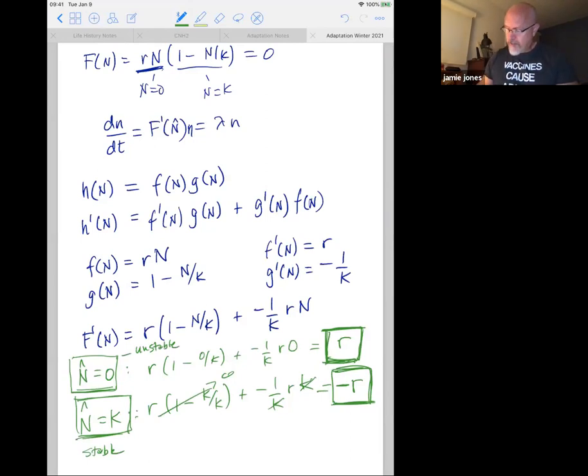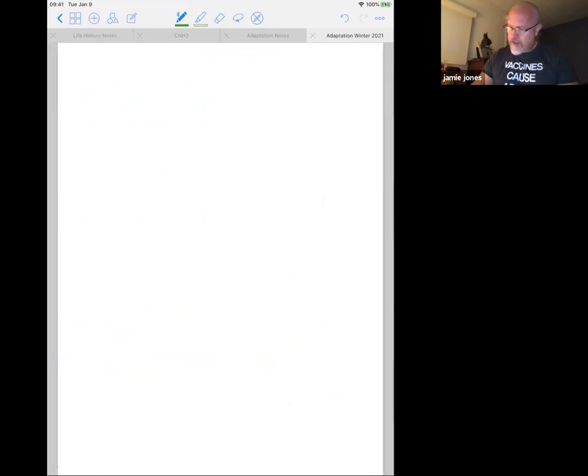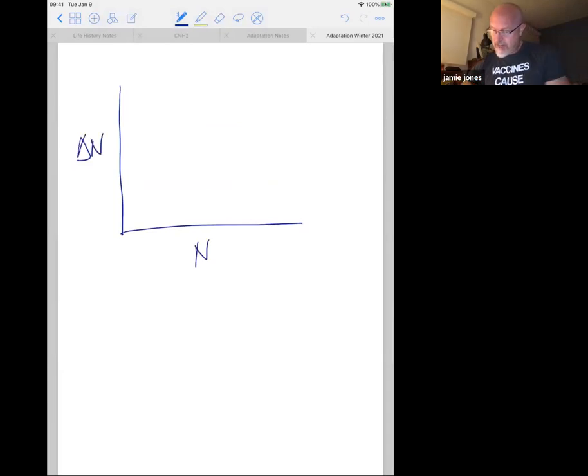All right, and just to remind you of when we drew this graphically, intuitively, we plotted n. This is called the recruitment curve. The change in n as a function of n, and it looks like this. It's humped. It actually can get negative at the upper end.